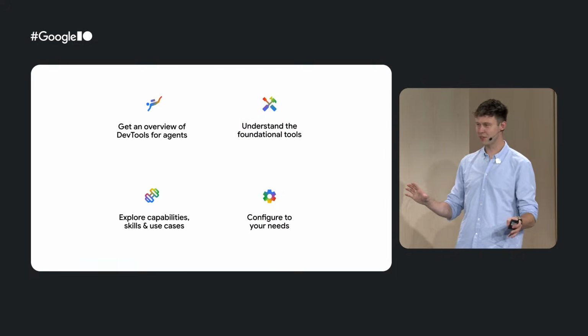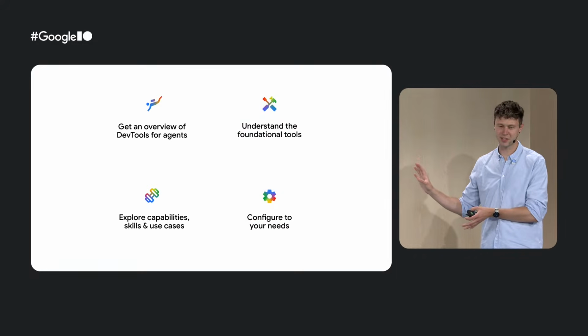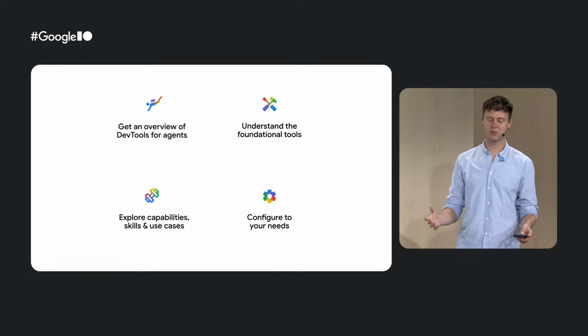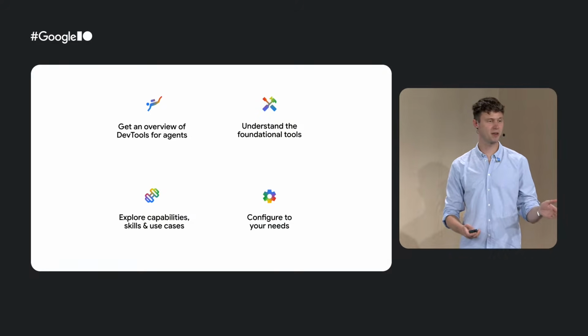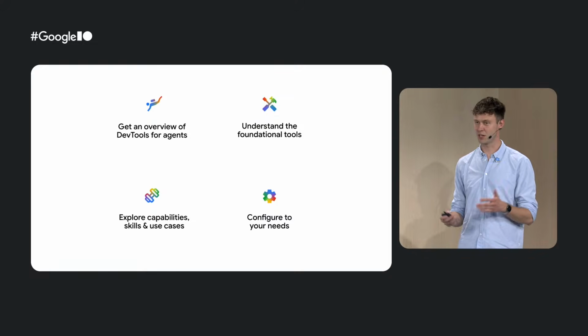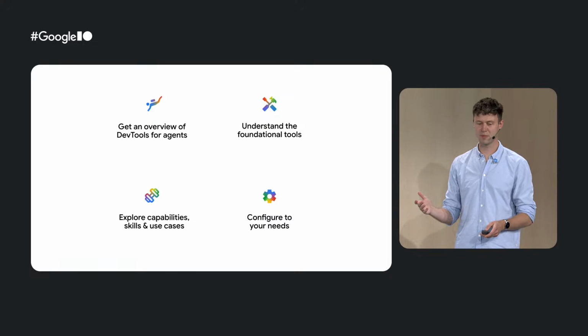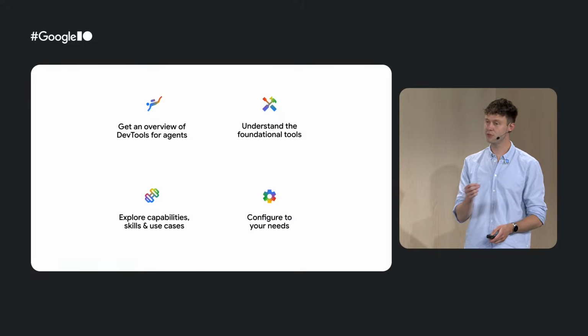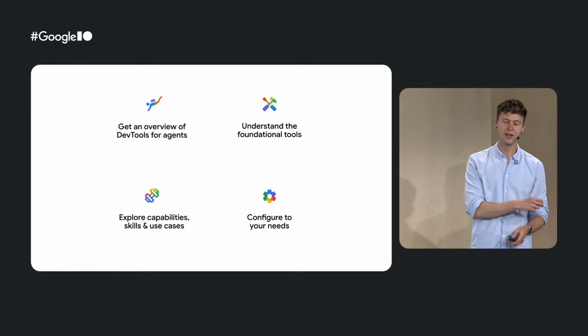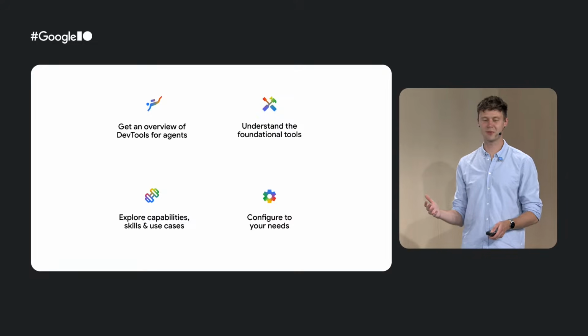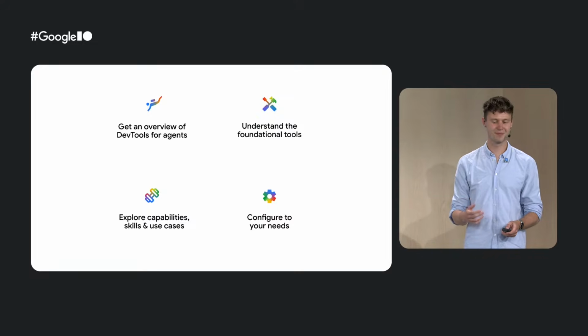And with this, you really have everything to get started. You know how DevTools for agents works with the MCP server and the CLI. We explored a couple of example prompts, from bug validation to persisting DevTools actions into a reusable CLI script. And you learned how to configure DevTools for agents to your needs.